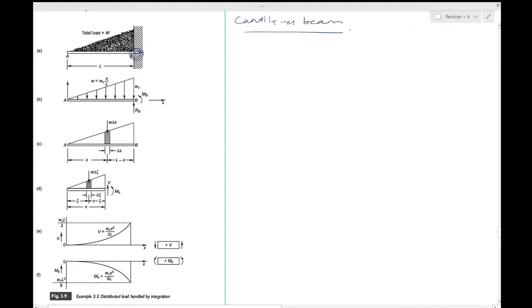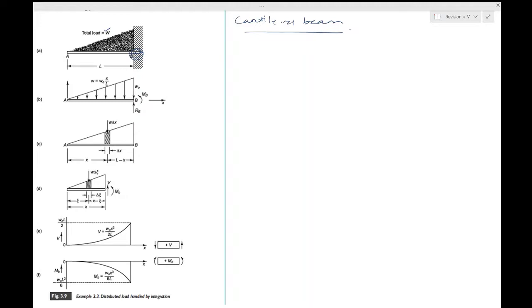So the beam is AB and it is built in at the right end, which is shown in the figure. Now you have bricks which have a total weight W piled up in a triangular fashion.